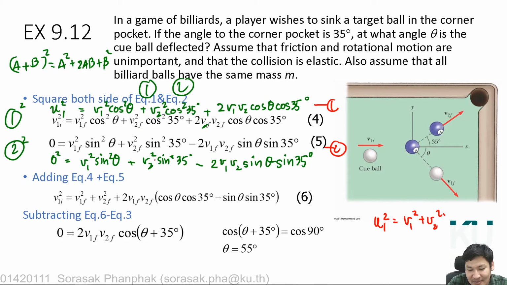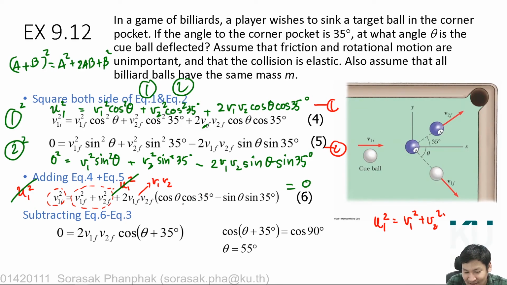When you sum the terms up, you get u1 square, and this term is similar to the third equation, which is also u1 square. Now you get the term with v1, v2 and some cos functions inside. All of these will cancel each other, so this term is equal to zero.